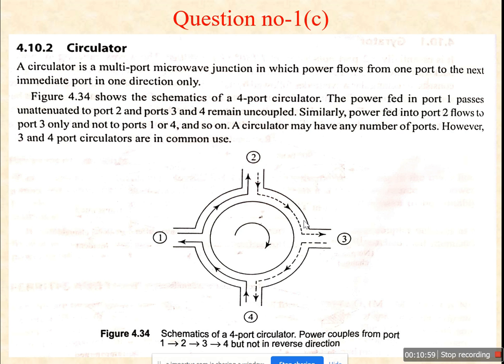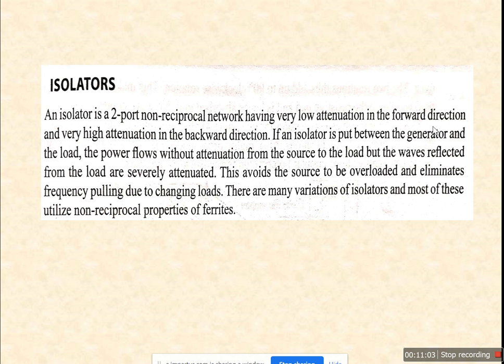Another thing to write is in terms of applications. The application is between the generator and the load: power flows without attenuation from the source to the load, but the waves reflected from the load are severely attenuated. This avoids the source being overloaded and eliminates frequency pulling due to changing loads.